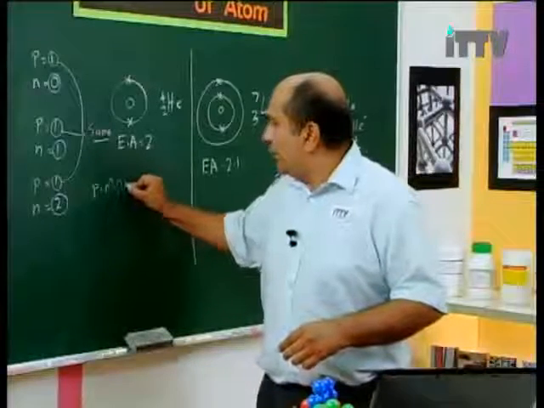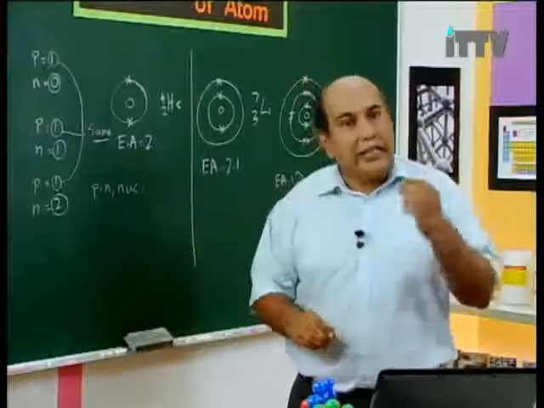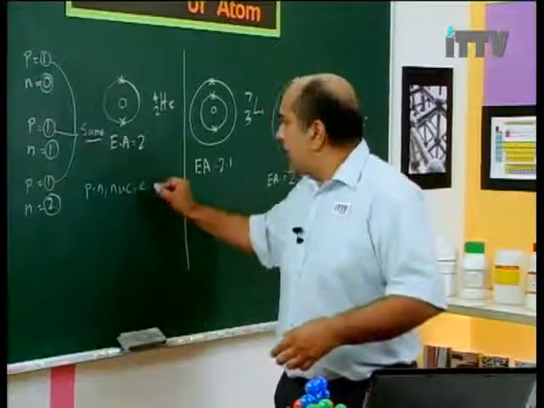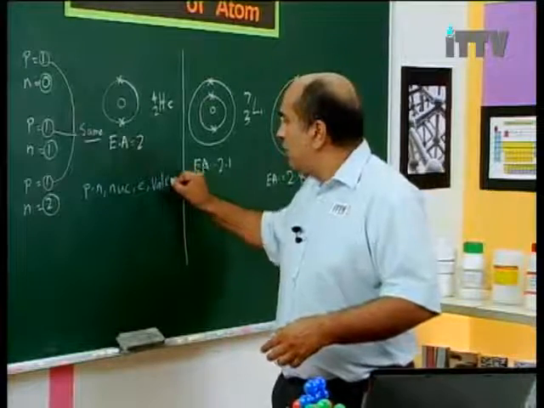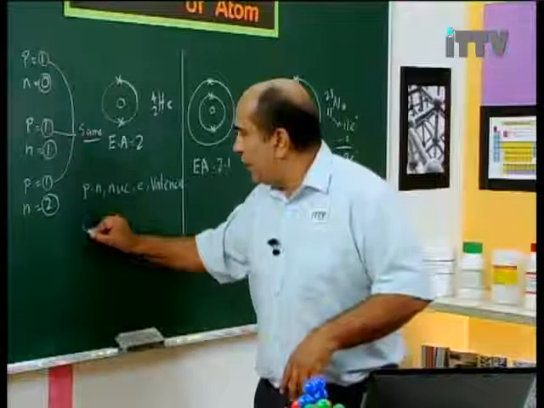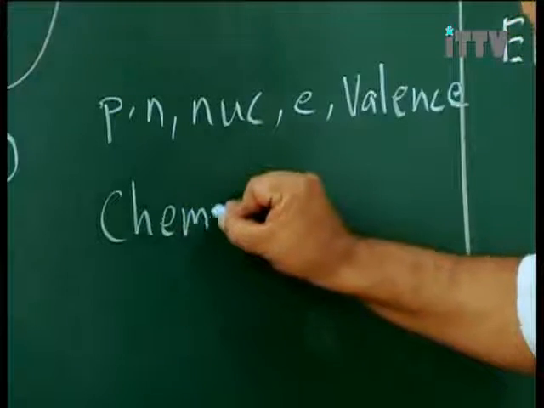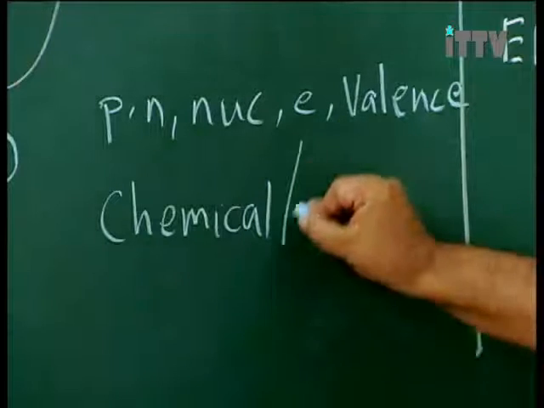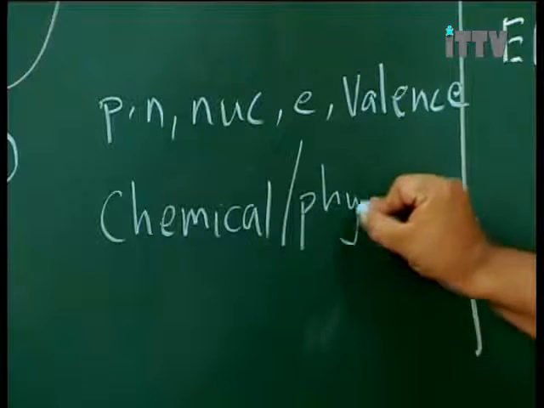So let's put both of those in. We want to know about electrons. We want to know about the valence. If you can tell us, the valence is also very useful because it will tell us about chemical property. So let's do that one here. Chemical property. What about the physical property? Let's add that here as well.